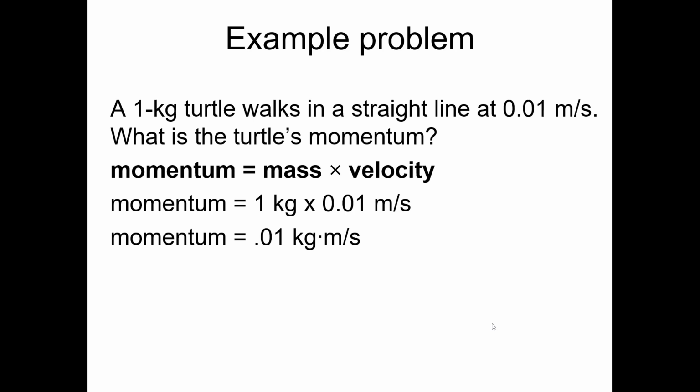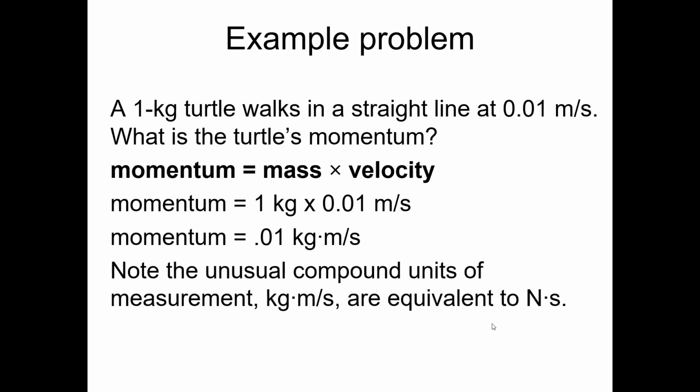Now you'll notice that unit, kilogram times meter per second, is kind of an unusual compound unit of measurement. And unlike a lot of other compound units, this one is not shortened. It's not usually named for somebody. I don't know why that is, but you may want to keep in the back of your mind that this is very similar to a Newton, which is a kilogram meter per second squared.